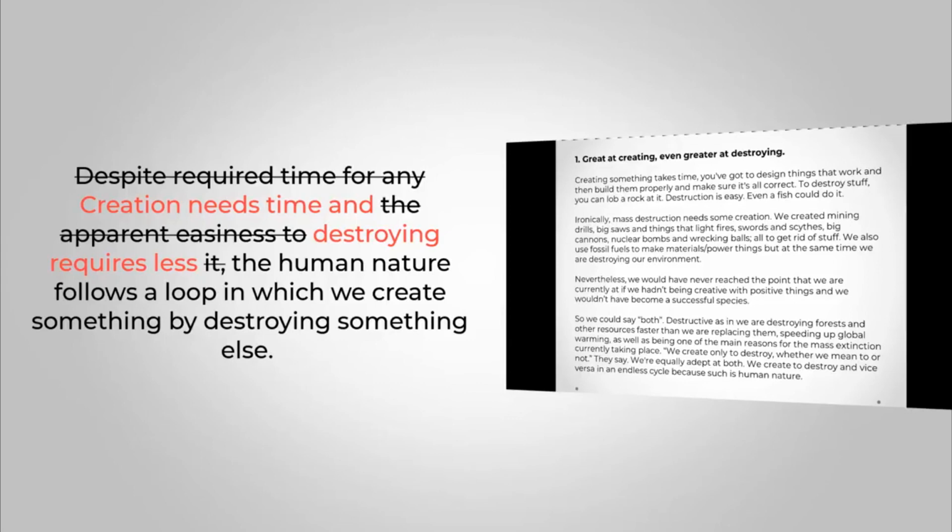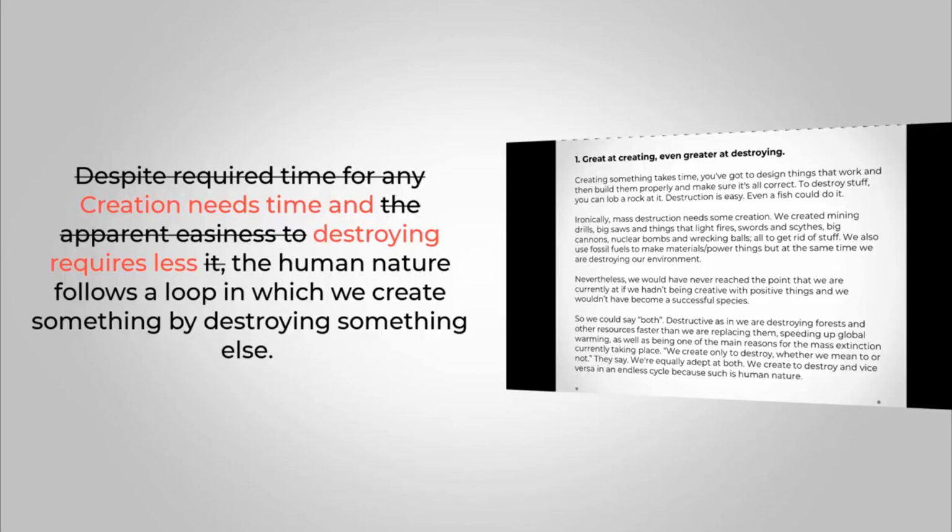The human nature follows a loop in which we create something by destroying something else. I don't know if the human nature follows a loop. In this case, I don't know if the nature is the one that follows the loop. In an endless cycle, because such is human nature.